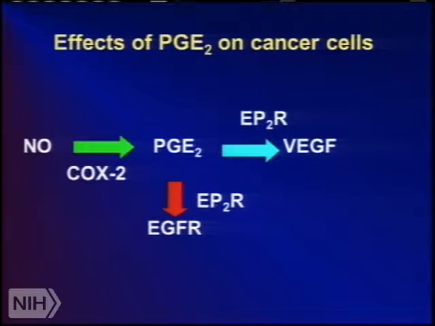And when it gets activated by the nitric oxide, its activity is increased, leading to the production of prostaglandins. So then the prostaglandins, we'll see, can activate the EGF receptor, which is very much involved in growth, and it can cause angiogenesis through the production of VEGF. And this G protein coupled receptor, the EP2 receptor, is one of the key G protein coupled receptors in this process.